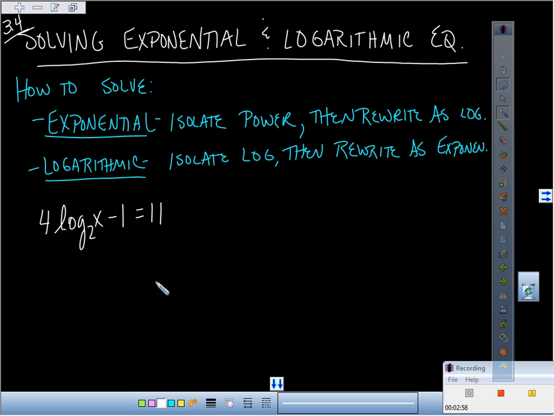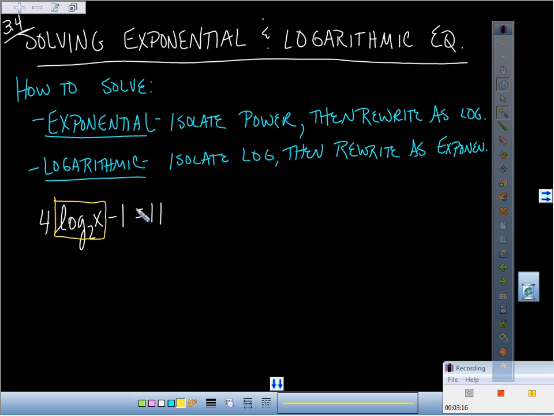It's a log because it has the word log written in it. It's not like it's going to be sneaky. If it says log or ln, it's logarithmic. So here is the log. We're going to isolate it. Pretend like this is a big giant A, and it says 4a minus 1. Solve for a. What would you do first?